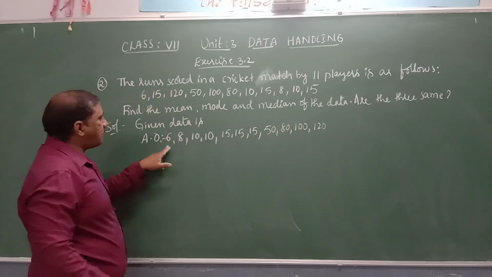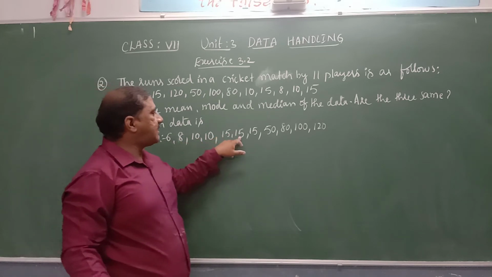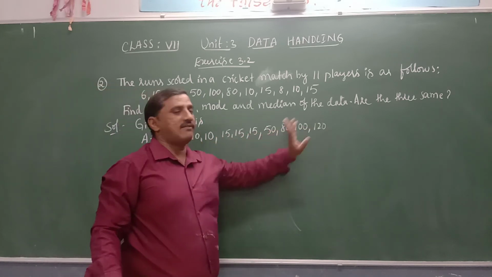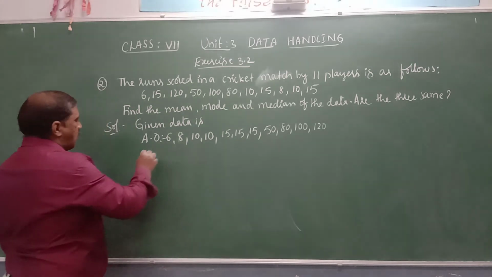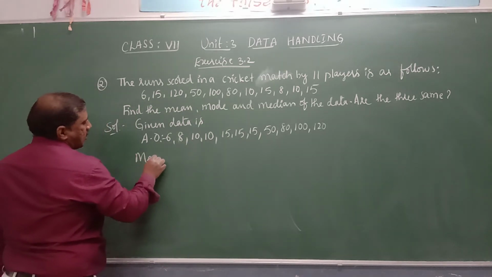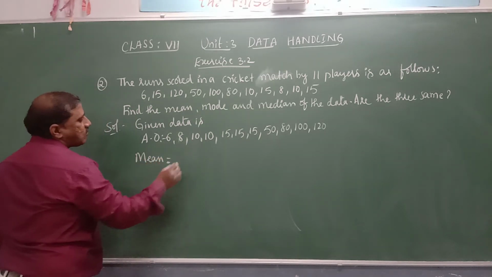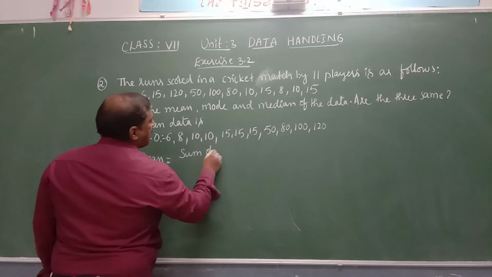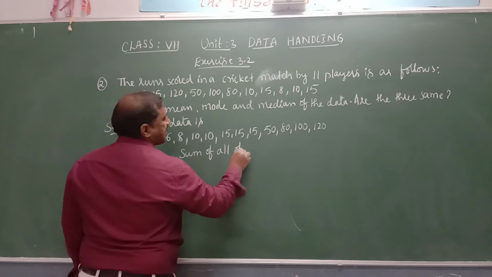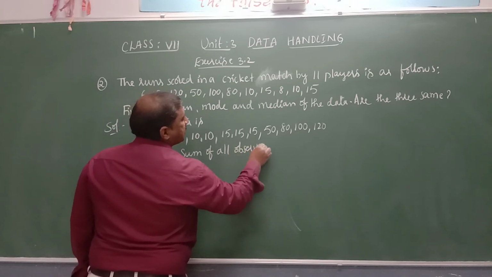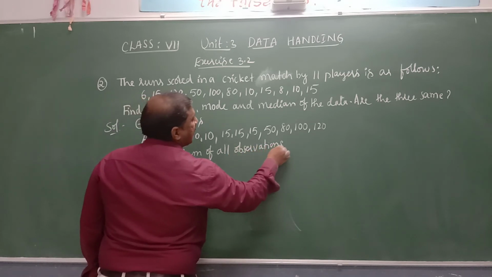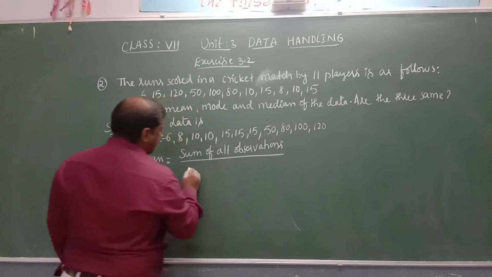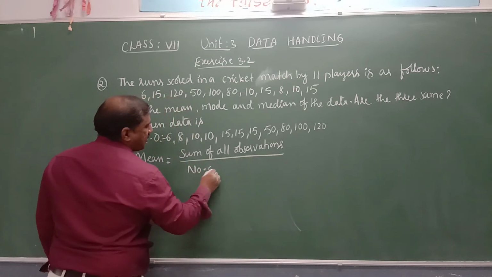11 players count: 1, 2, 3, 4, 5, 6, 7, 8, 9, 10, 11. So 11 players. Now mean is equal to the sum of all observations divided by the number of observations.